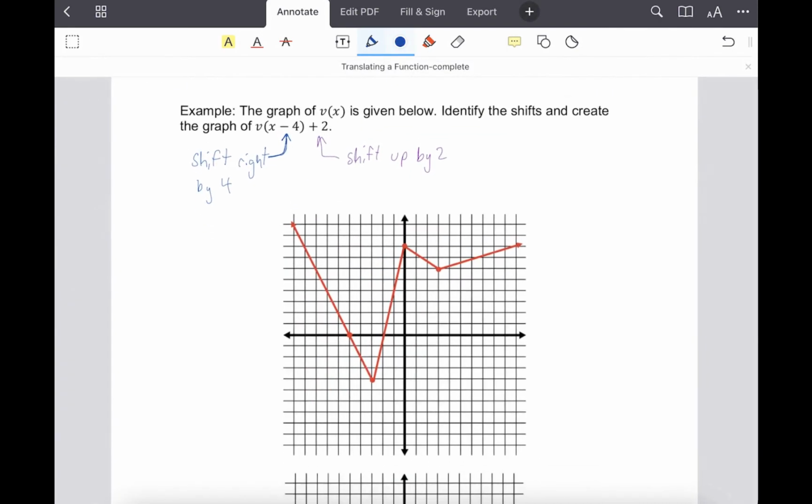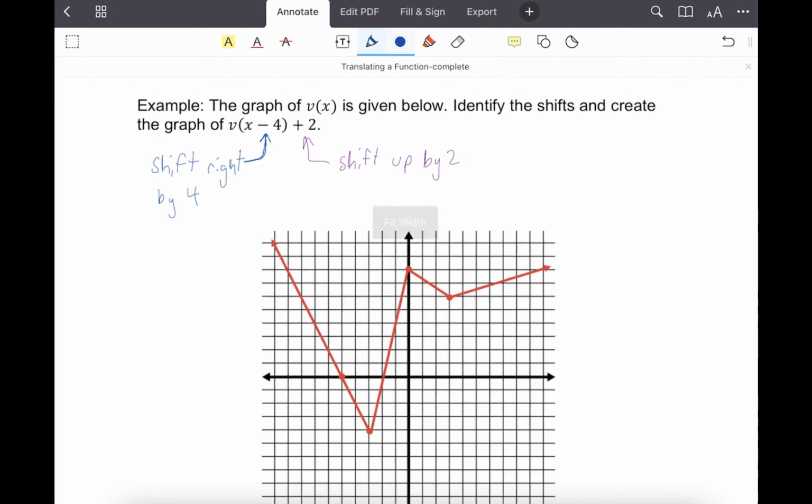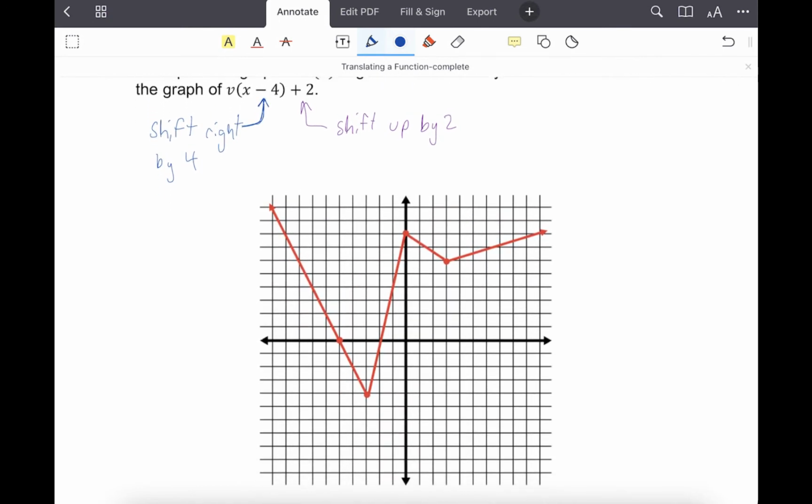I'm going to do a similar thing that I did before. I'm going to take this graph here, and it's shifting right by 4. So from this point right here, I'll count 4: 1, 2, 3, 4, and then up 1, 2 to this point right here. I'm going to get rid of those then. Do the same thing for this point here: 1, 2, 3, 4, up 2.